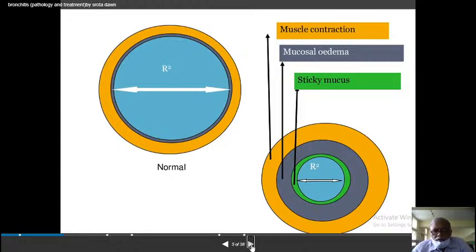Then you see the muscle contraction and the mucosal edema, sticky mucus will be present in bronchitis.